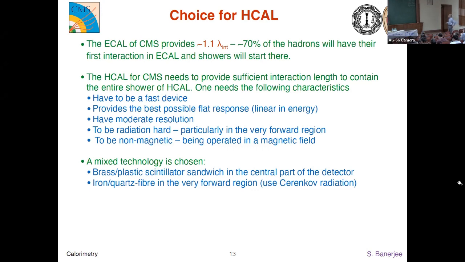We have mixed technologies chosen. We have a brass plate scintillator sandwich in the central part of the detector, and we have iron with quartz fiber inside it in the very forward region, which uses Cherenkov radiation in that part. So we use essentially scintillation light in the barrel and Cherenkov radiation in the forward part.